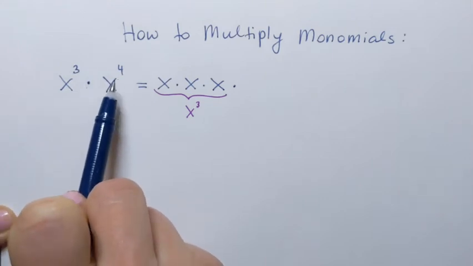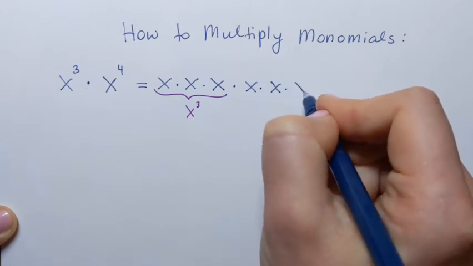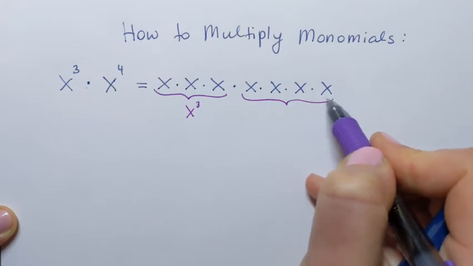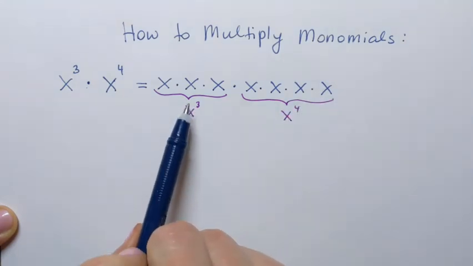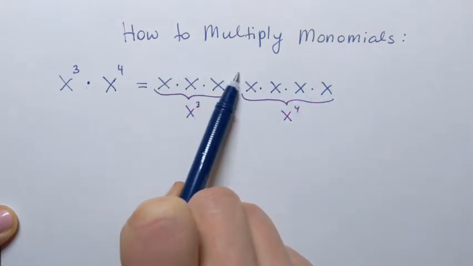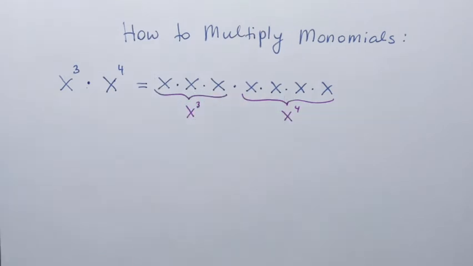Well, x to the fourth power means that I'm multiplying x by another x, and I have four of them, x to the fourth, right? So I expanded each. And now let's look at this one multiplication here, one long line of x's being multiplied. They're all the same, right?